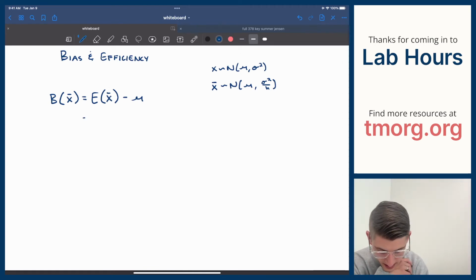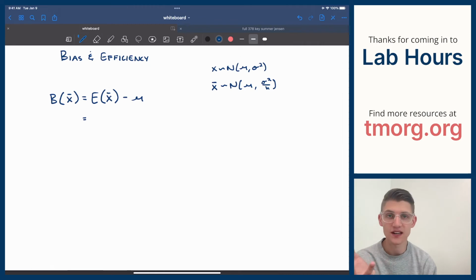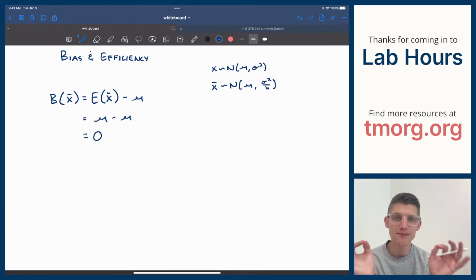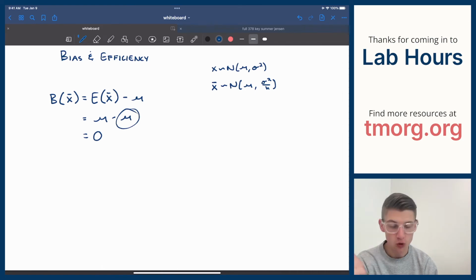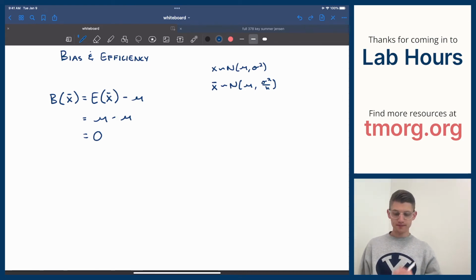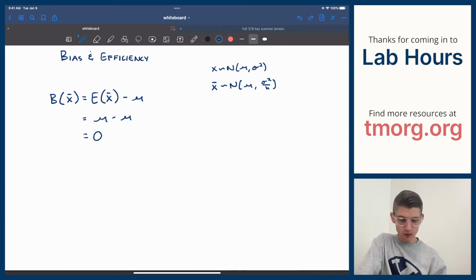In this case, because we've just shown that the expected value of x bar is mu, we get that the bias of x bar is equal to mu minus mu, which is equal to 0. That makes x bar an unbiased estimator for mu. That's super cool. Bias has this formula right here, okay?